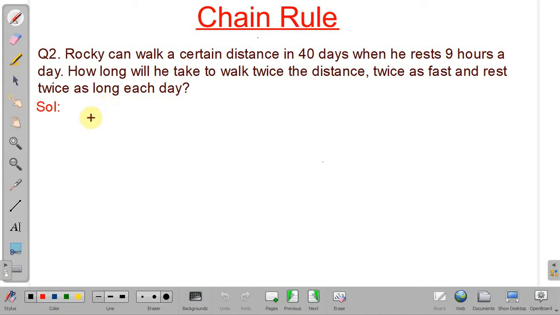So we will assume, let the distance in the two cases be y and 2y respectively. First case is with a certain distance, we are assuming y.